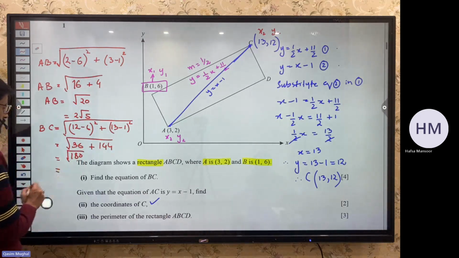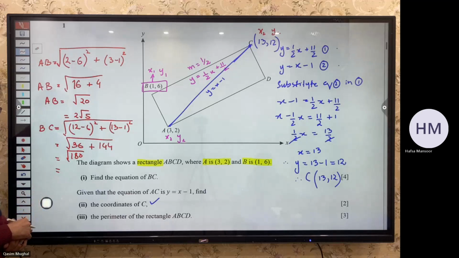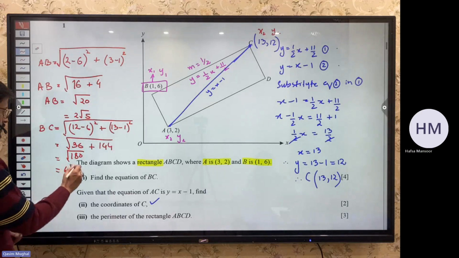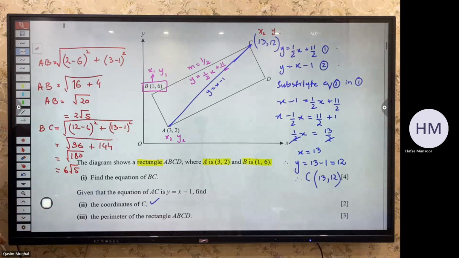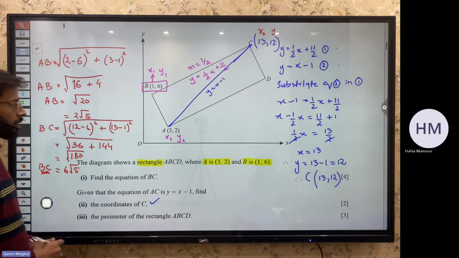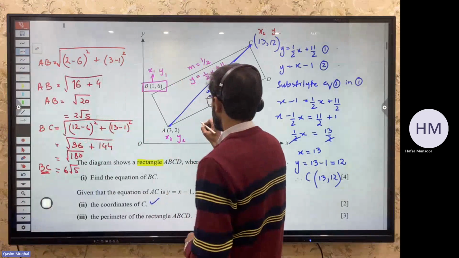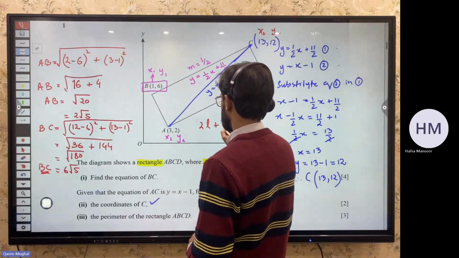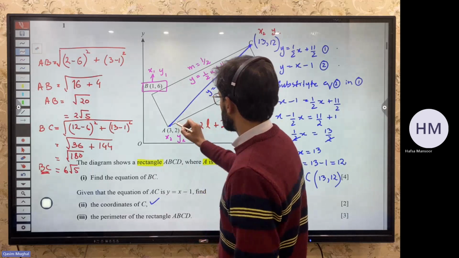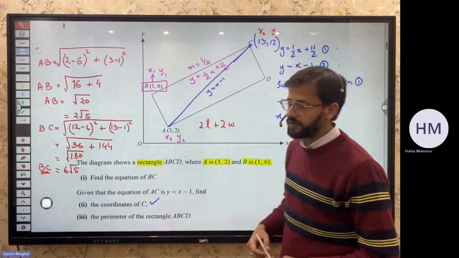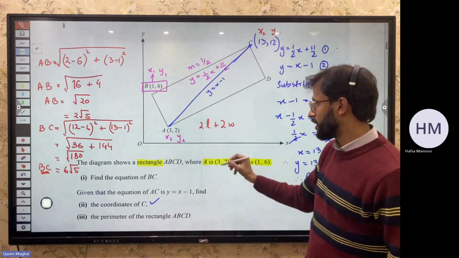And what is the exact value of root 180? 6 square root 5. ठीक हो गया? This is 6 square root 5. This is BC. Okay, now we know the perimeter would be 2 times the length plus 2 times the width, isn't it? Two lengths which are exactly the same and two widths which are exactly the same.